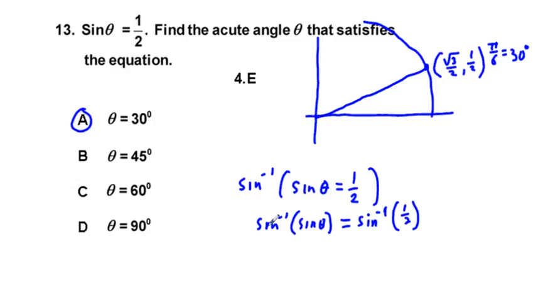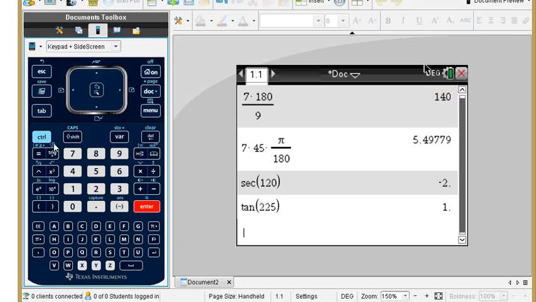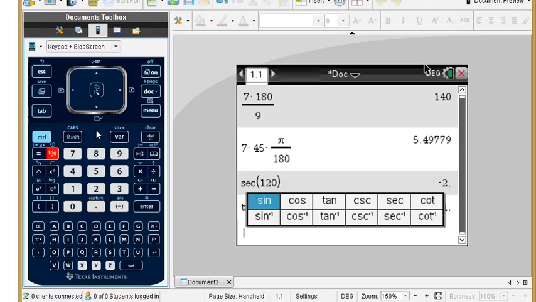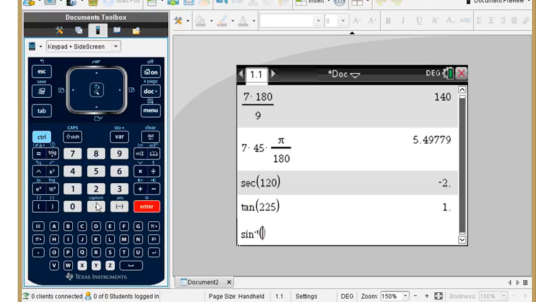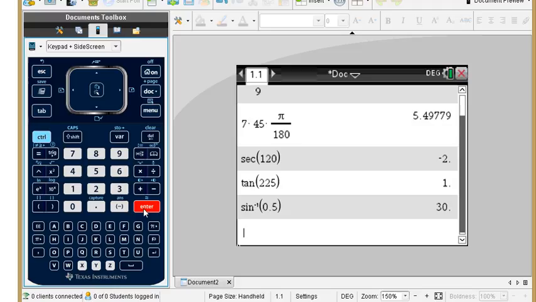And so the inverse sine and sine cancel each other, so you get theta equals the inverse sine of 1/2. So you can go to your calculator and go to inverse sine, and for 1/2, I'll just put in 0.5, we get 30 degrees.